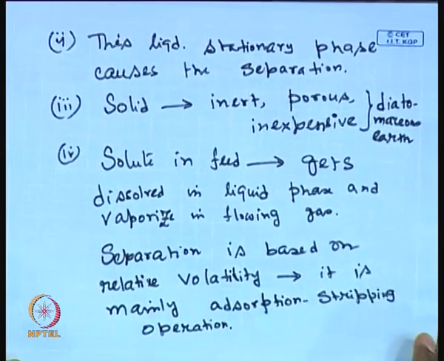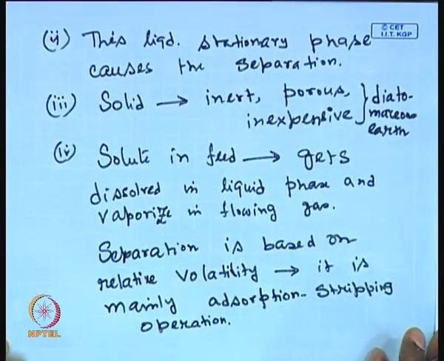Therefore, the solute is adsorbed in the stationary phase on the solid, and when you are passing the gas, the solute is getting stripped off from the stationary phase and coming into the gaseous phase. Okay. Now, let us look into the disadvantages of GLC.